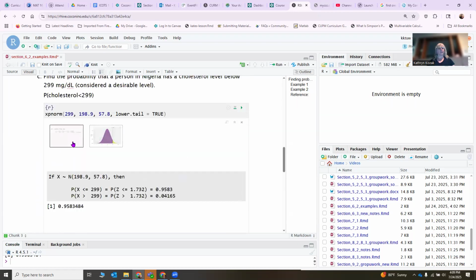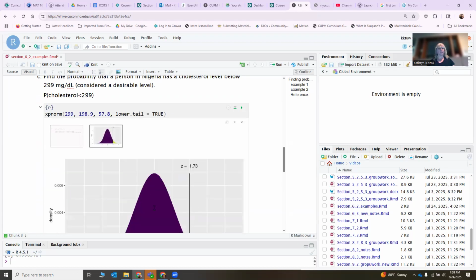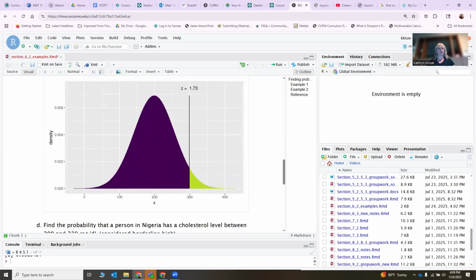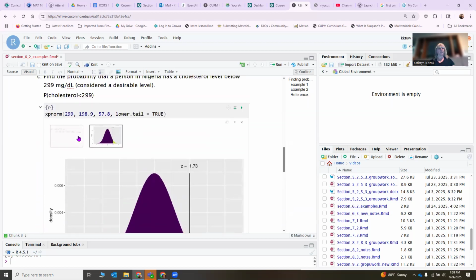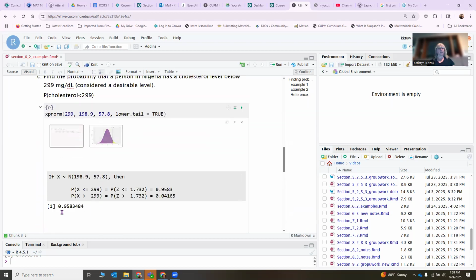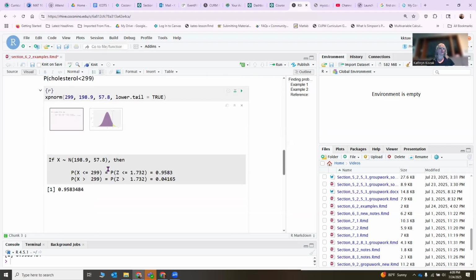And you find that number. So again, lower tail. In this case would be the purple area, this lower tail you're looking at. And the answer is 0.9583. So 95% of people in Nigeria have a good cholesterol level.